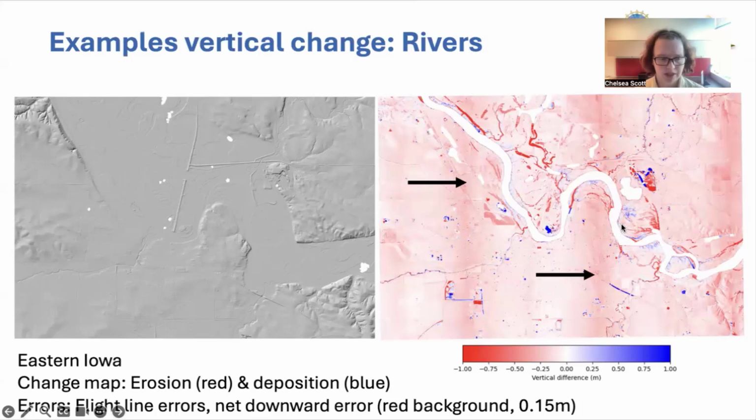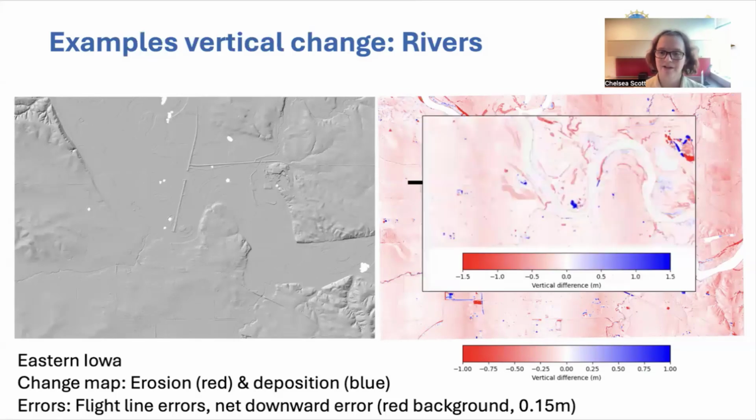Here we can also see quite prominent flight line errors, for example shown by the black arrow, and here by the other black arrow. There is a net downward change where the whole image looks red, and we have a georeferencing error of about 0.15 meters in this image.